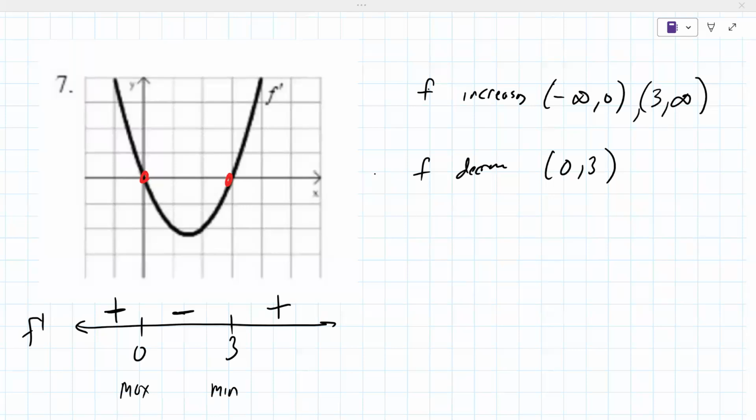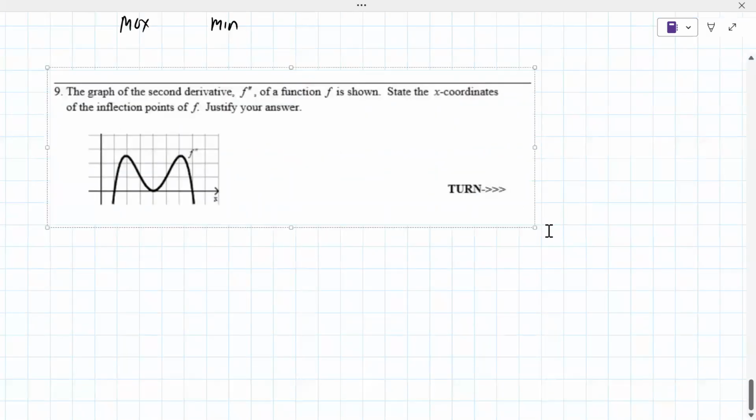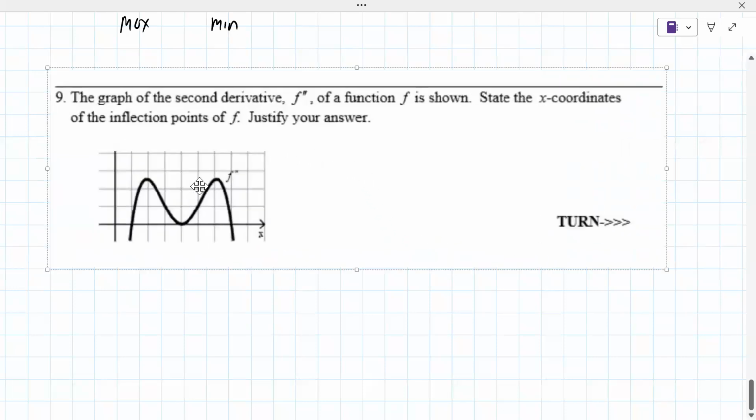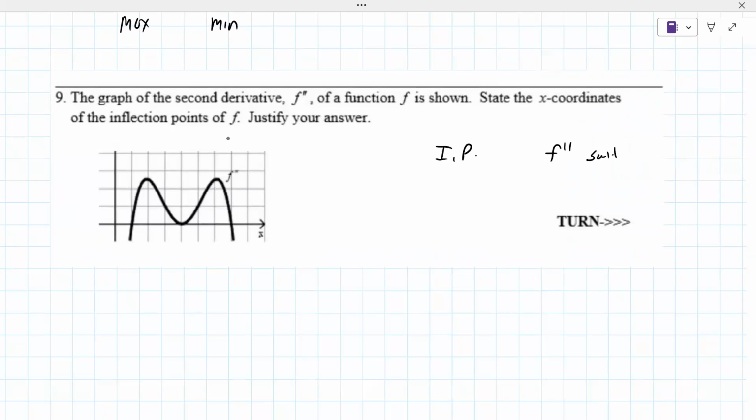Okay, so where it gets tougher is there are even more rules for the second derivative. What they're graphing here is the second derivative. The rules are different, but an inflection point is when the second derivative switches from plus to minus or minus to plus.